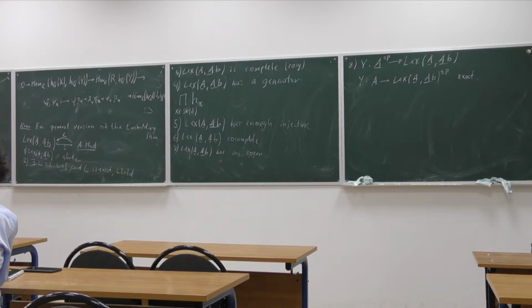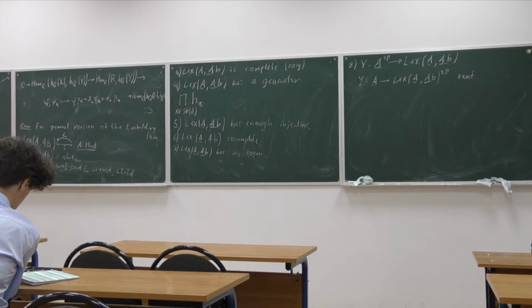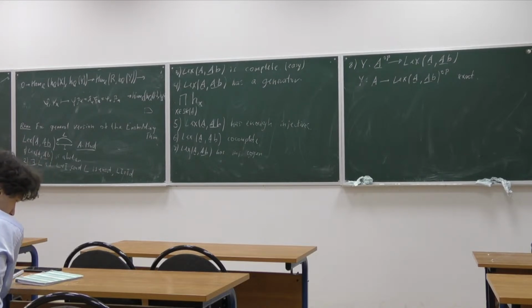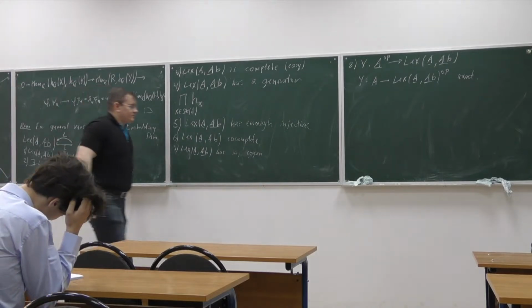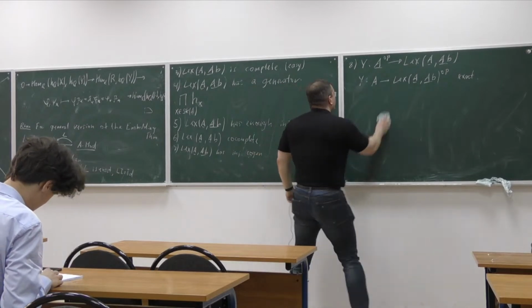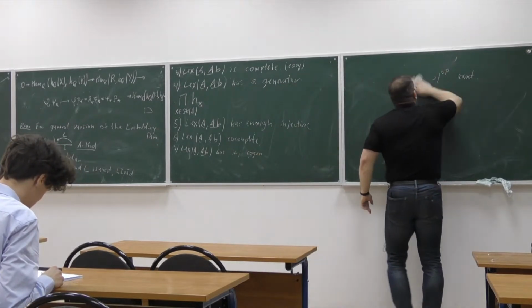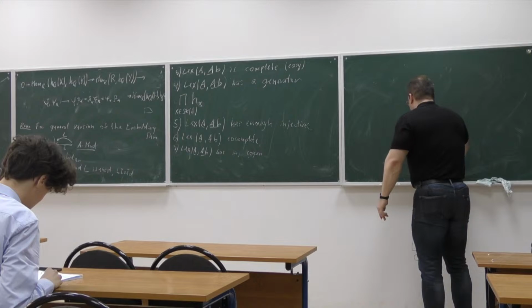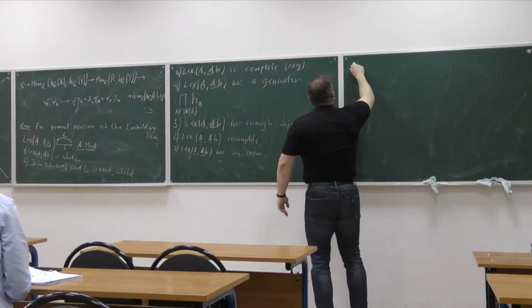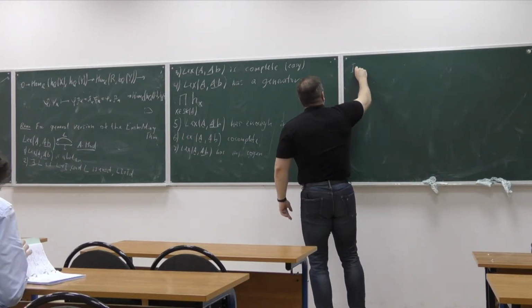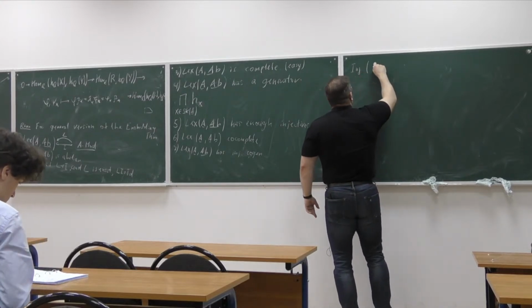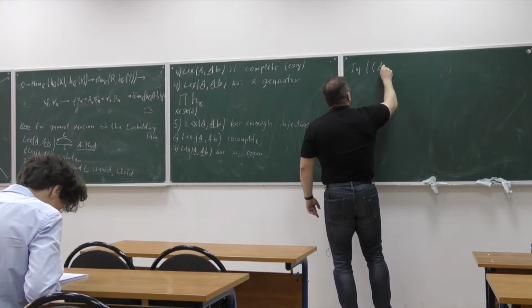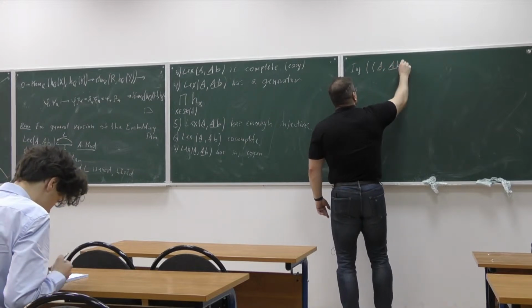So last time was an exercise that we haven't solved about the injective objects in the category of functors. Let me repeat the problem. So take injective objects in the category of all functors from A to abelian groups.